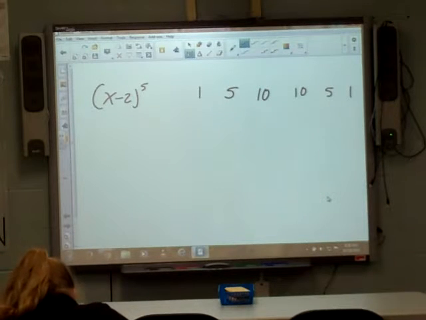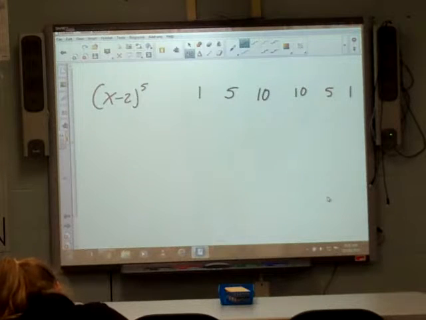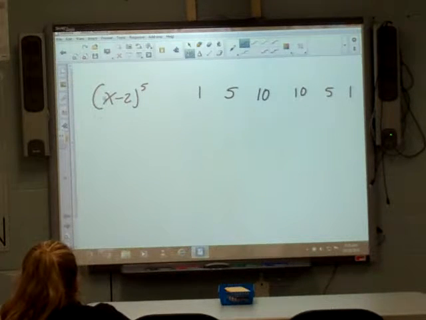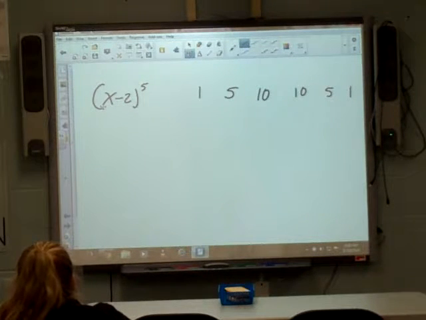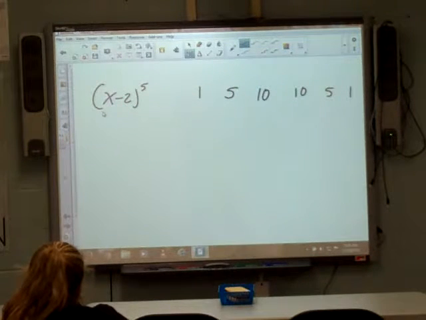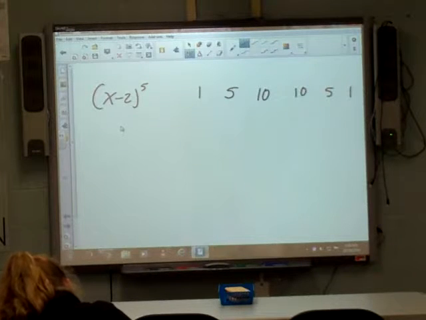Those are going to be the coefficients in the polynomial that I'm fixing to get. I'm trying to think of the best way to say this without royally confusing you. Since this is a fifth power, the highest power that I'm going to deal with is a 5.